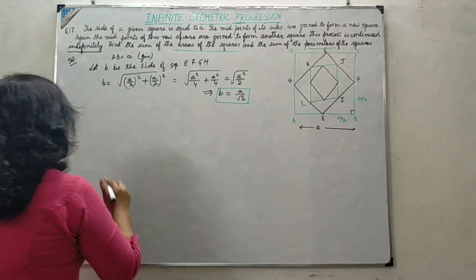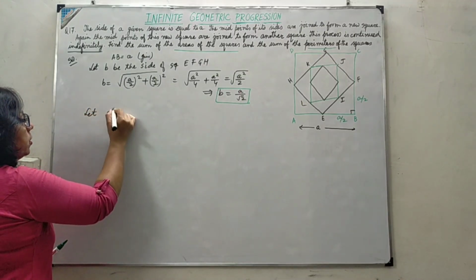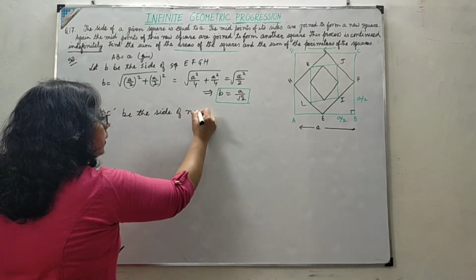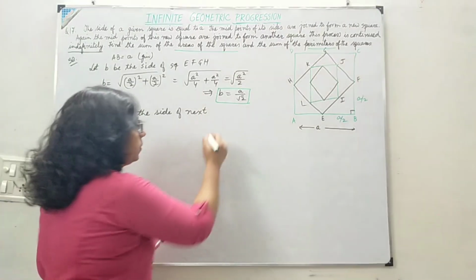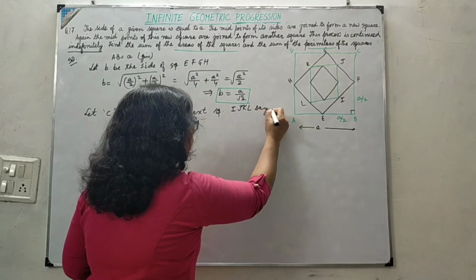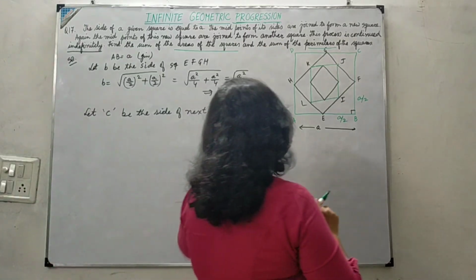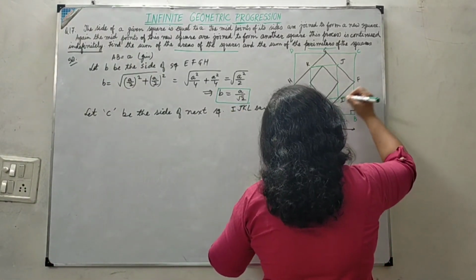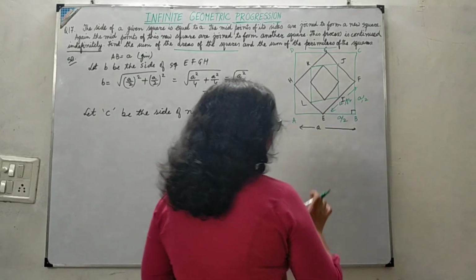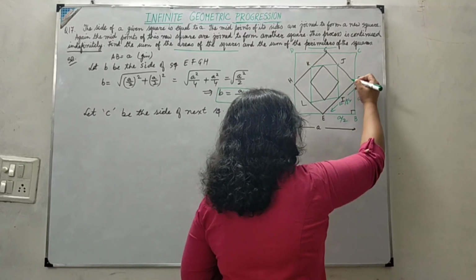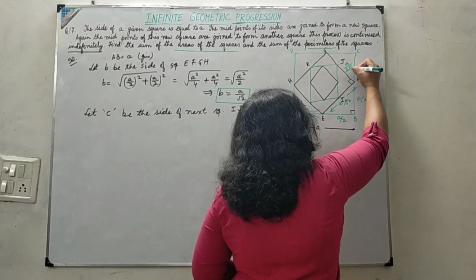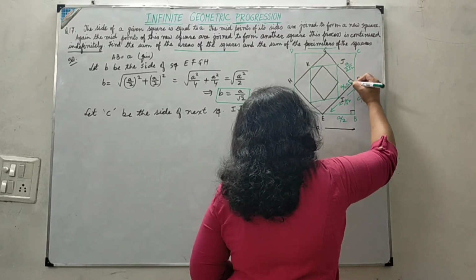In the same way, for the next, let C be the side of the next square. Only then we can get the pattern after 3 terms. Next square I, J, K, L, say. Now we have got this whole side as A by root 2. So the half of this is, because we have taken the midpoints again, A by 2 root 2, and this other half is also A by 2 root 2.